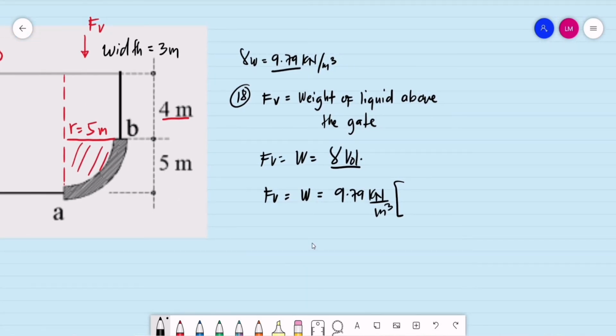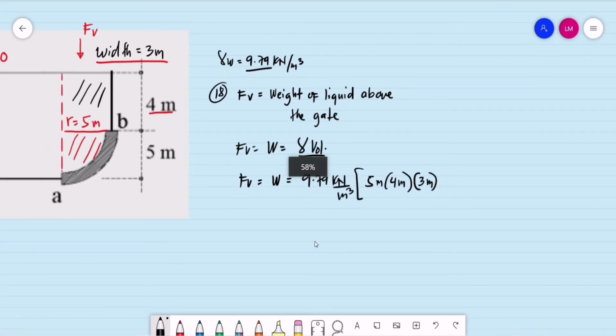Unahin natin yung rectangular portion. Ito yung 5 meters by 4 meters, then multiplied by perpendicular sa paper, yung width, that is 3 meters, para maging volume. So 5 meters by 4 meters by 3 meters.